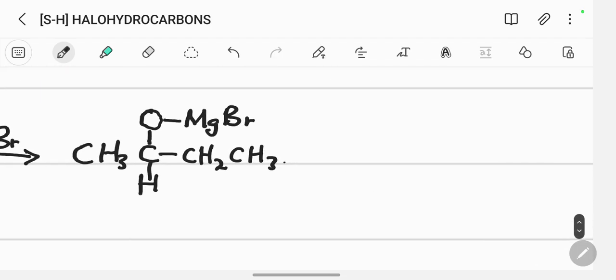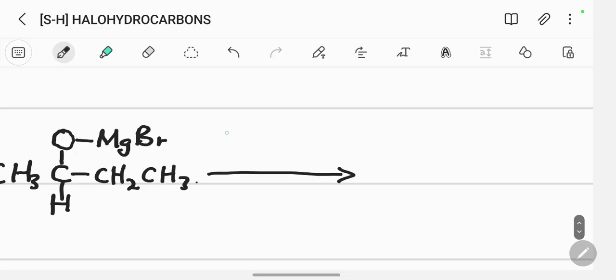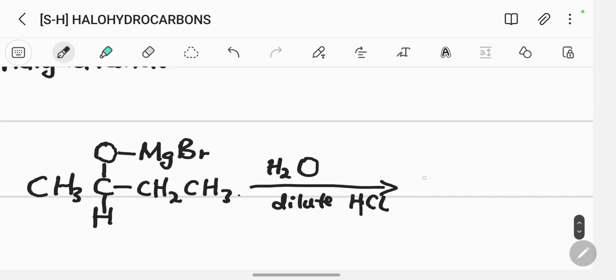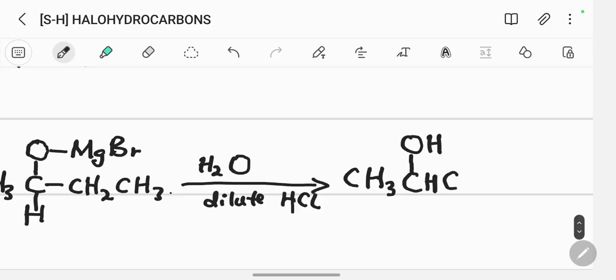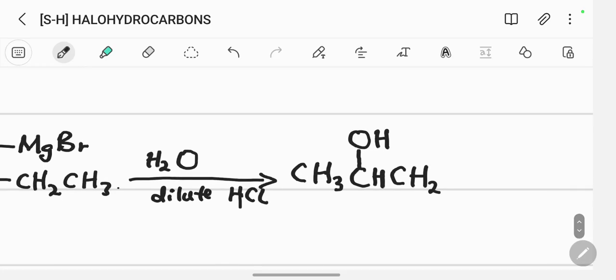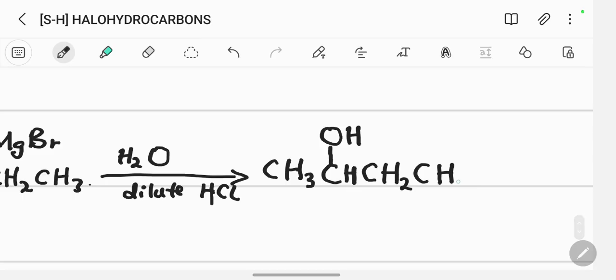So you've started seeing how things are building. And I add in water and dilute HCl. So I'm going to end up with CH3, COH, hydrogen, CH2, and CH3, like that.